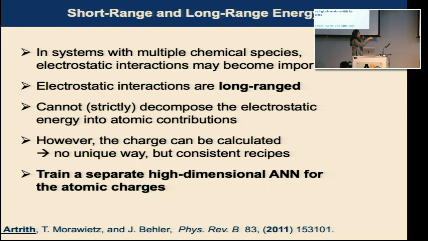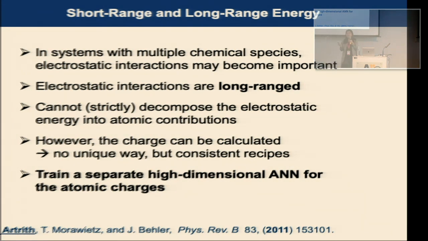Electrostatic interaction is to capture the long range. And actually, we cannot really decompose electrostatic energy into atomic contributions, but we can calculate it. There is no unique way, but we could try. So we are thinking about how to train a separate high-dimensional network for atomic charges.